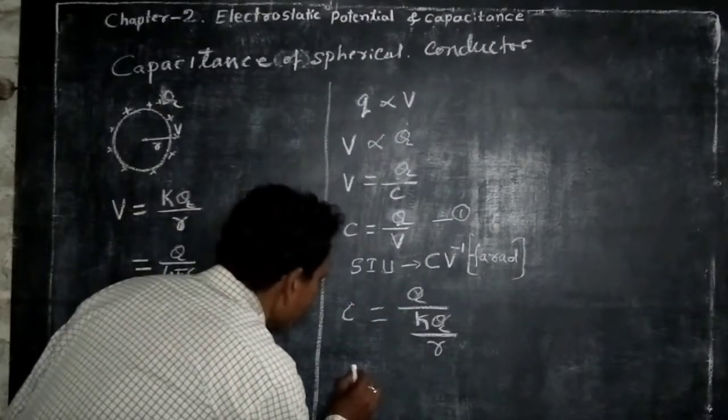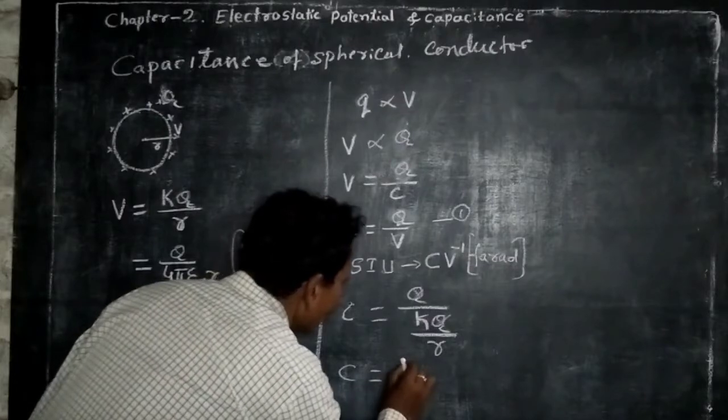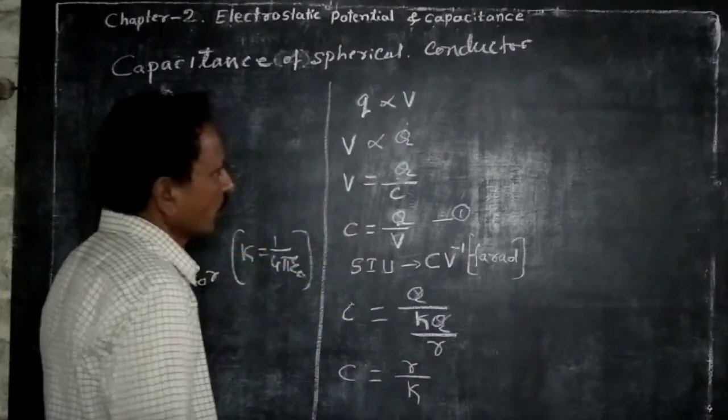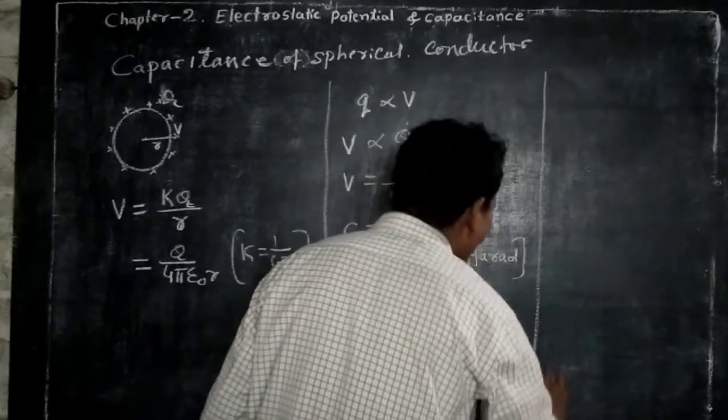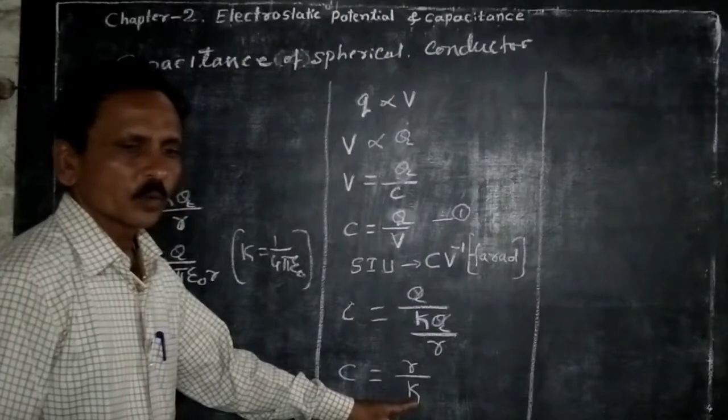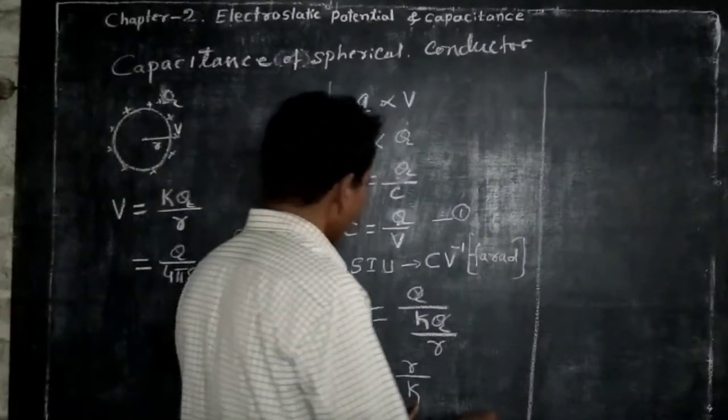It can be written as C equals r upon k, where k is Coulomb's constant and it is equal to 1 upon 4 pi epsilon naught.